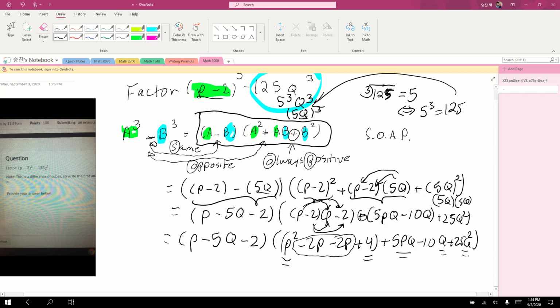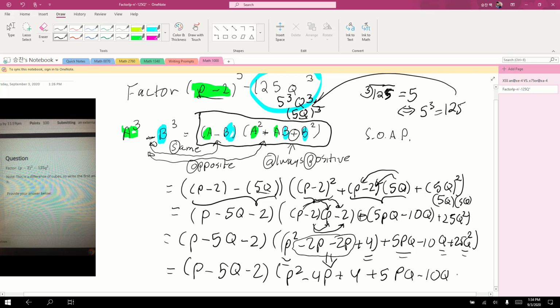So that's pretty much all that I can do here, which is combine the two p's. So I have (p minus 5q minus 2) times (p squared minus 4p plus 4 plus 5pq minus 10q plus 25q squared).